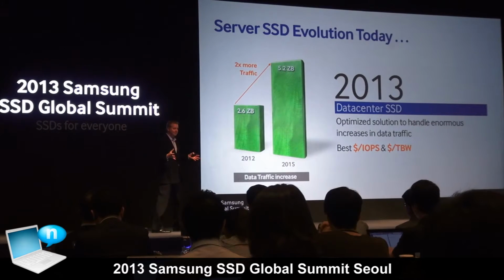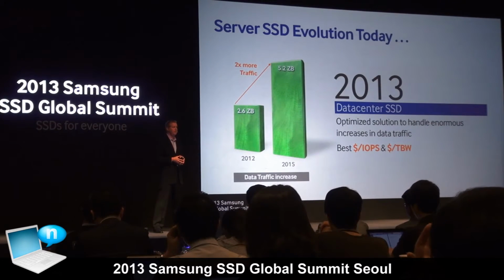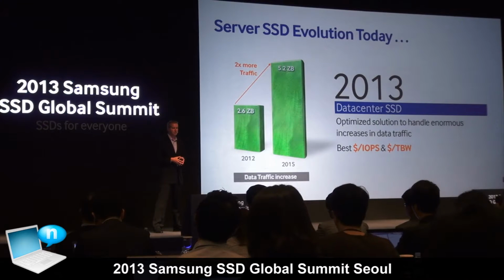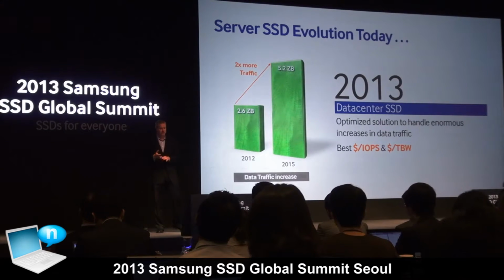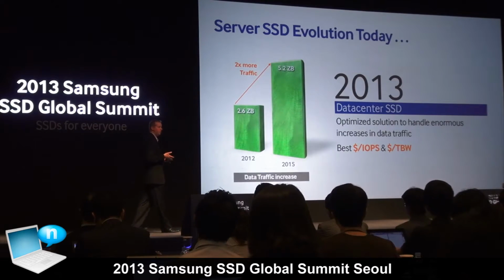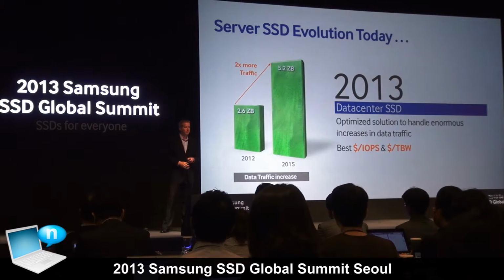And as you can see, we're expecting 2 times more traffic from 2012 to 2015 within the server and data center space from a data traffic standpoint. So SSD, best dollar per IOPS, best IOPS per watt, and also best dollars per total bytes written. It's really a no-brainer in this space.